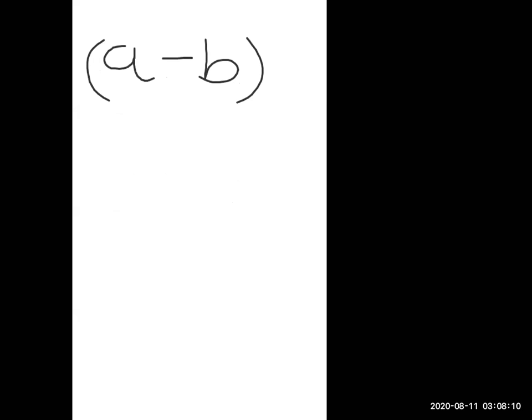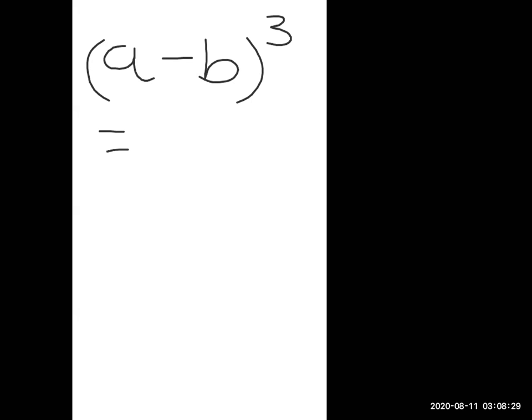Look, this a plus b the whole cube was our previous exercise's formula. Now for 5.3 our new formula is a minus b the whole cube. This is one another same, only the sign change.